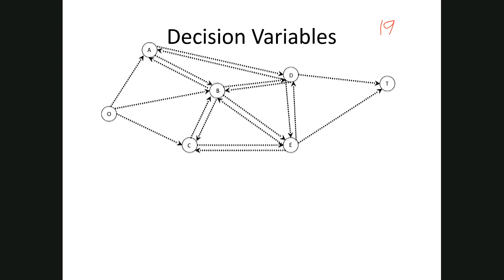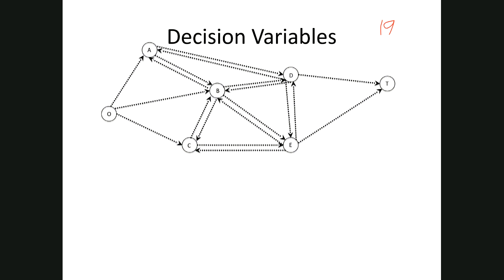And I'm going to define those. I'm going to let, for example, start with O to A. O to A is going to be the number of times the path from O to A is used.